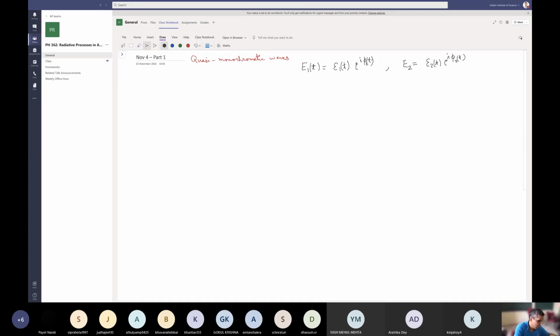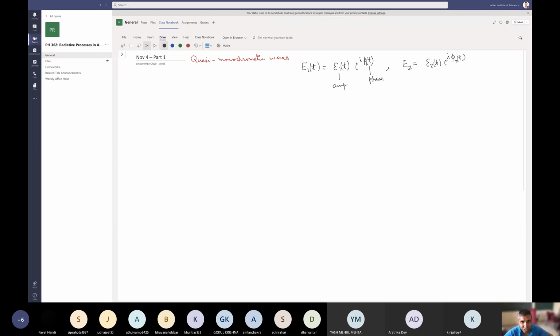Now we allow for general time dependence, and so this is the amplitude of the wave and this is the phase of the wave. So we allow amplitude and phase to vary in time.